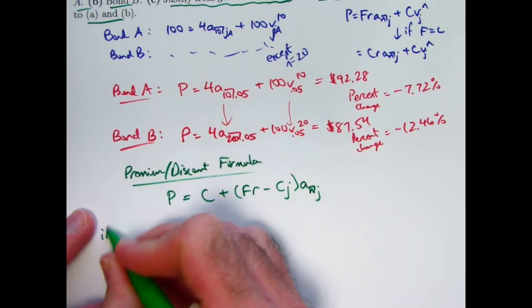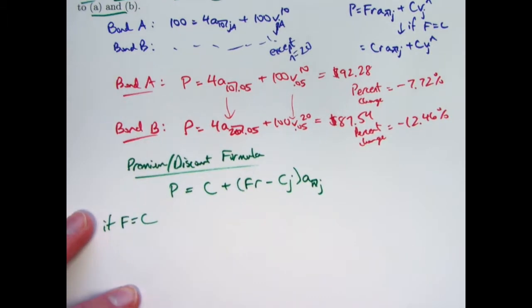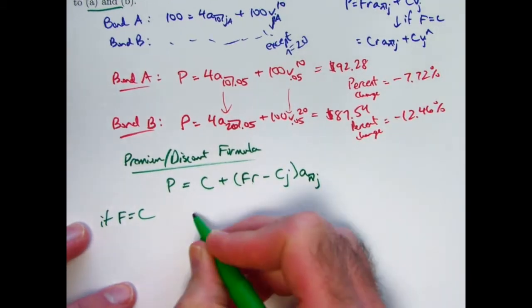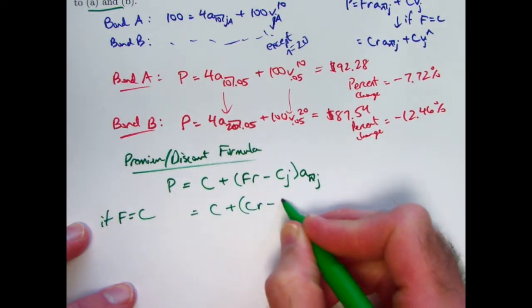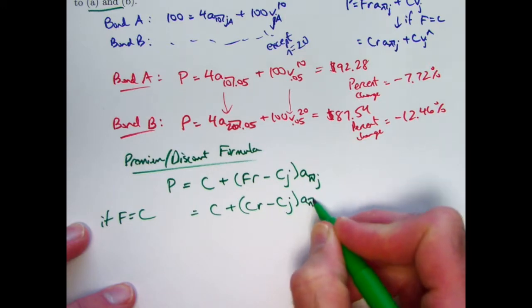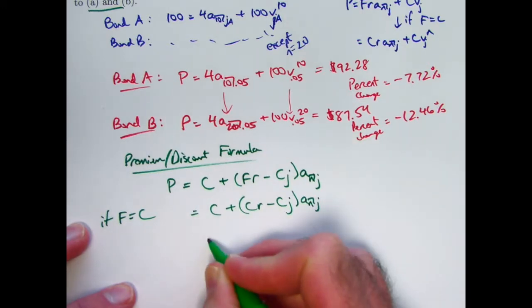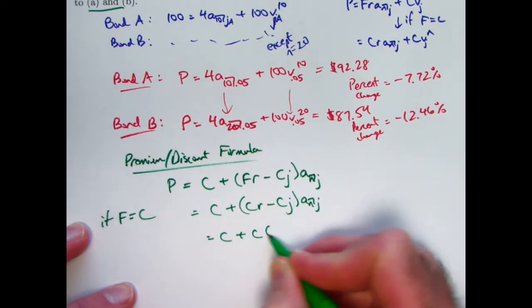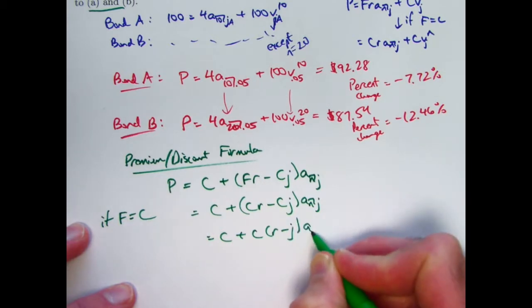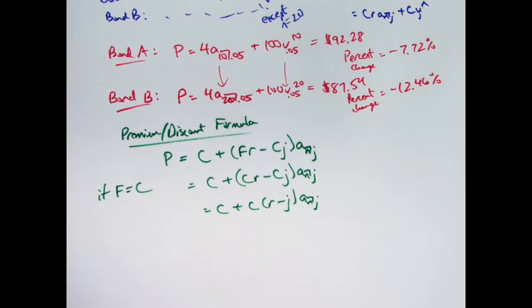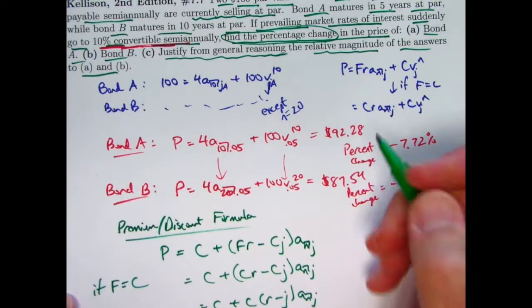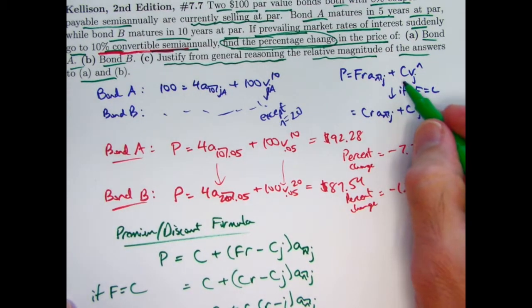If the bond is redeemable at par, if F equals C, we can replace that F with C, and we can also factor the C out to write it like this. And you see from this formula, which again I mentioned can be easily derived from this formula, I talked about that in the last video briefly.